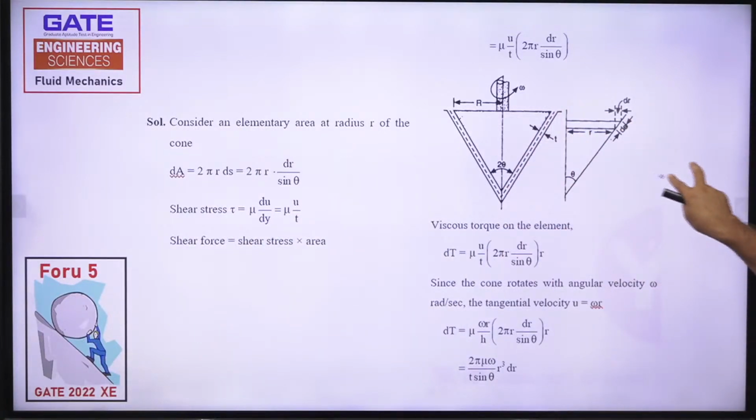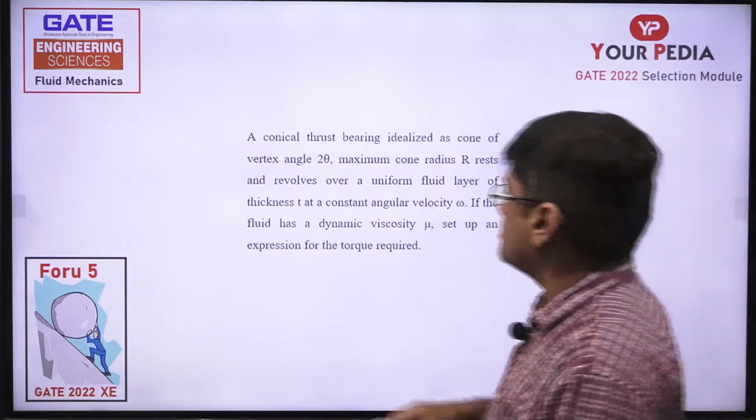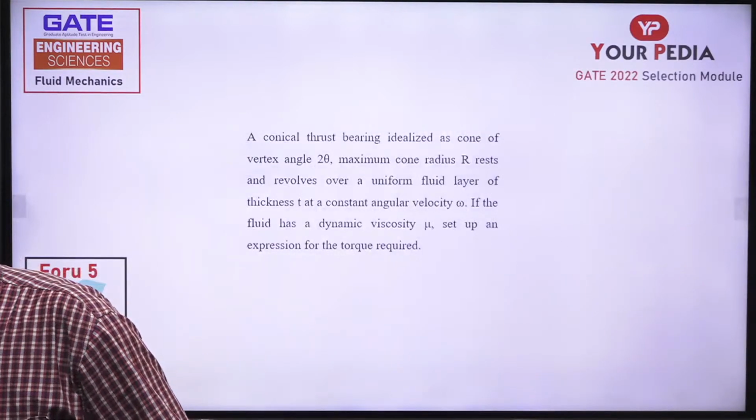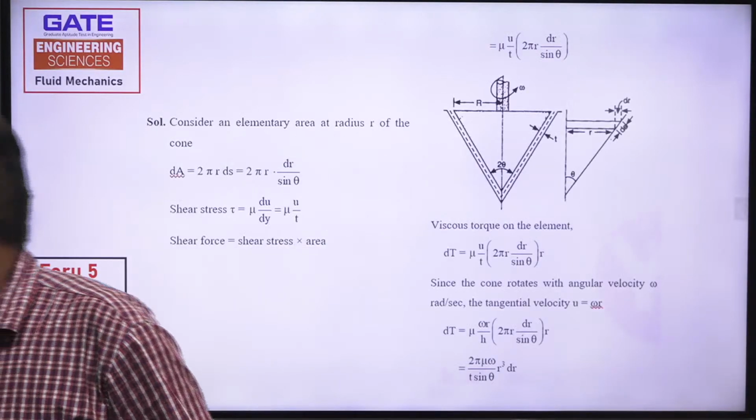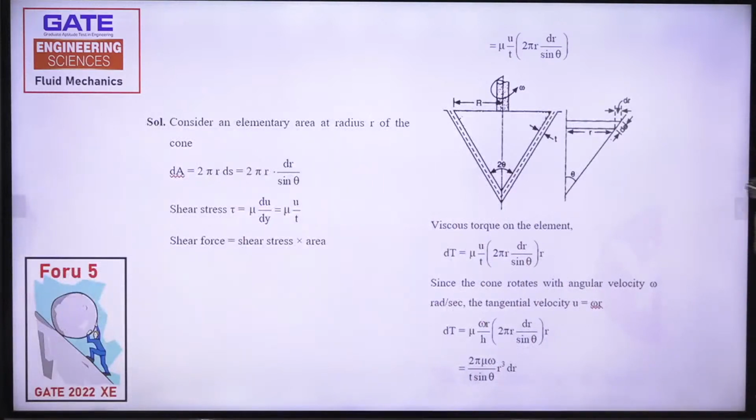Now if you see in this particular case, what we get here is this ds, this is dr, and this angle is theta. There is a relation between dr, ds and theta, and that relation is sine theta equals perpendicular over hypotenuse.